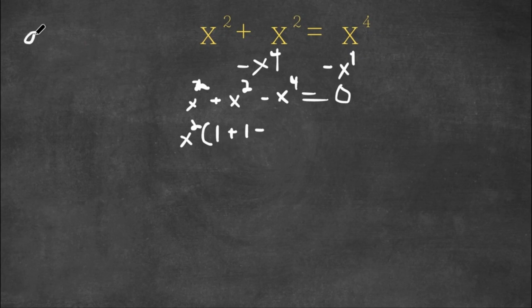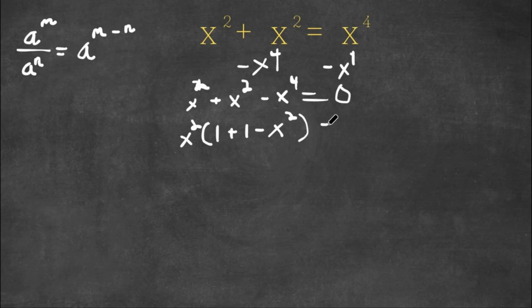Well, if we have something in the form a to the power of m over a to the power of n, this is equal to a to the power of m minus n. So x to the power of 4 over x to the power of 2 is x to the power of 4 minus 2, and 4 minus 2 is 2, so this would be x squared.